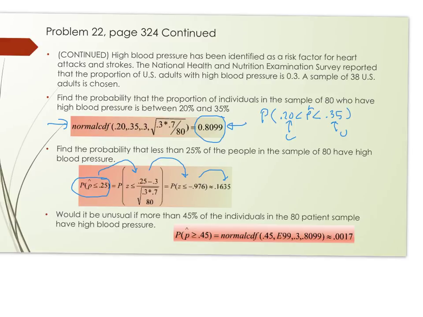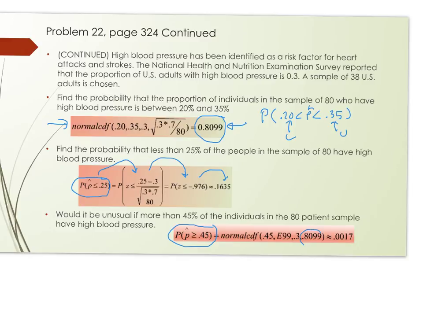So for samples of 80 where on average the proportion with high blood pressure is 0.3, the probability that less than 25% of those in the sample have high blood pressure is about 16.35% of the time. Would it be unusual for more than 45% of the individuals in the 80 patient sample to have high blood pressure? Here's our probability statement, and we'll use the normal CDF with 0.45, E99, 0.3, and then our standard error.